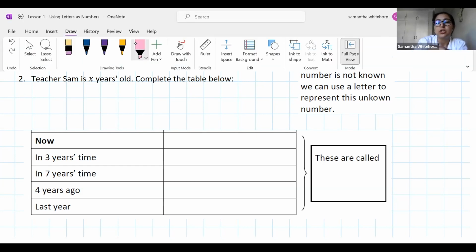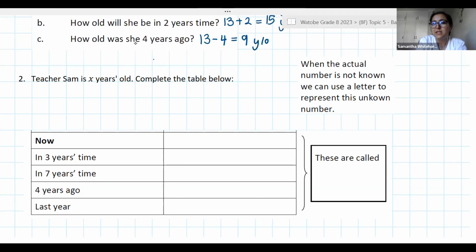Algebra is us using a letter to represent an unknown value. When we don't know the actual number, we use a letter to represent the unknown number or value. This is what that X is doing. I am some age. We just don't know what the age is.